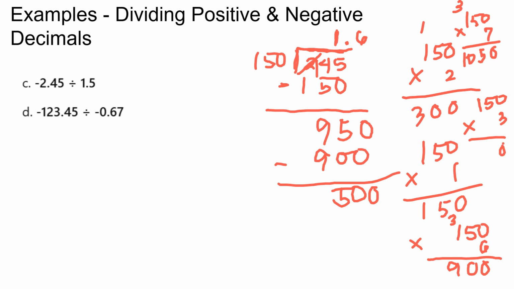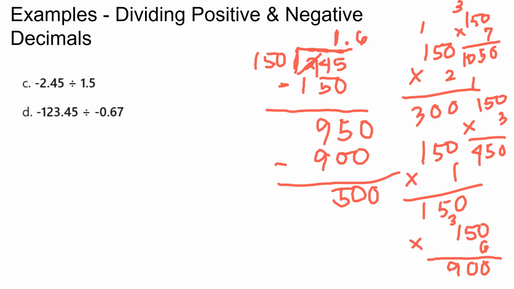So I will have 0, 15, carry 1. So that will be 3 plus 3 plus 1 is 4. So I have 450. So 150 times 3 is 450. It's now closer to 500, right?